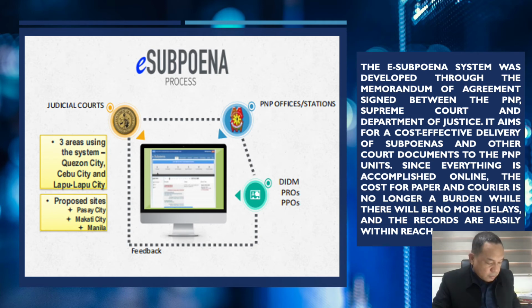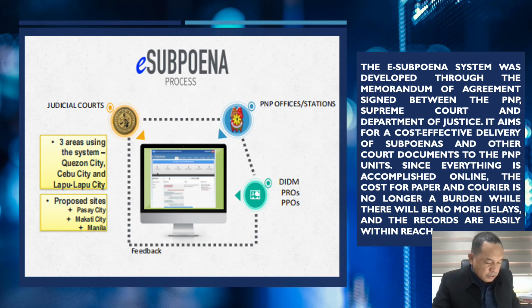How it works. The judicial court will send the various subpoenas to particular PNP units through email, and the COP shall ensure the documents are delivered and received on time.